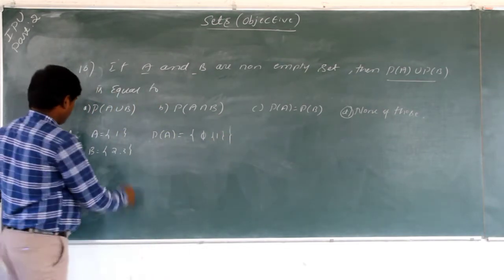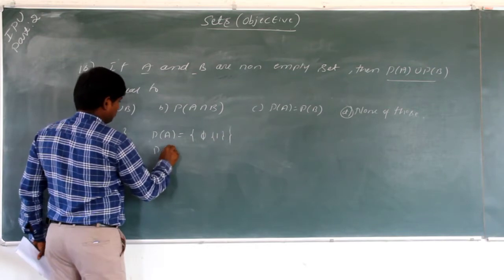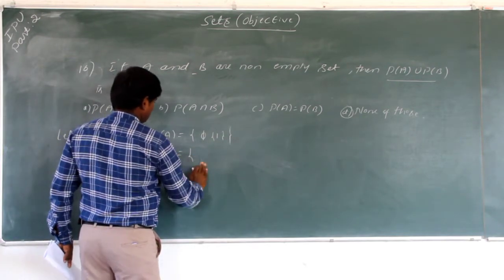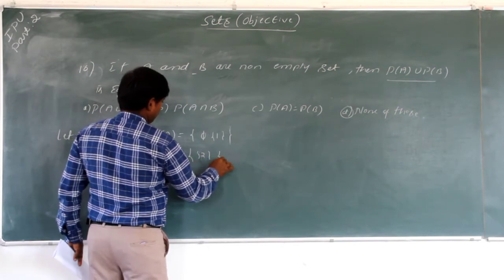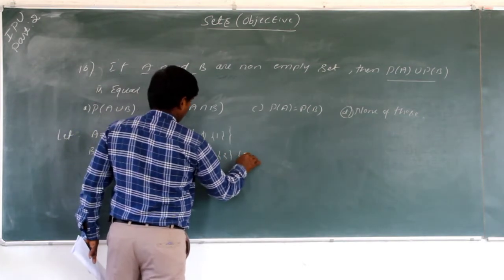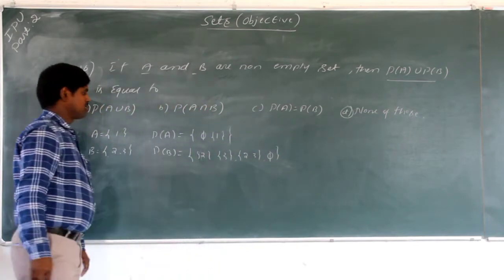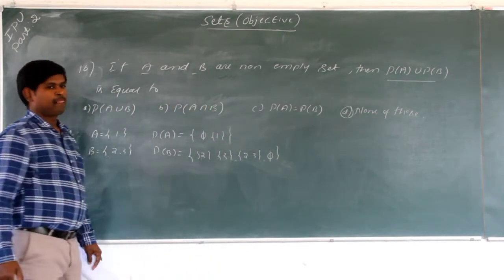And P of B consists of the subsets 2 and 3 and 2 comma 3 and the null set itself. Okay, so this is the power set of B.